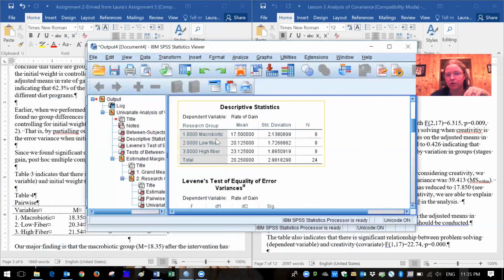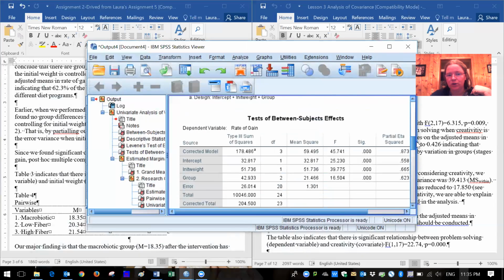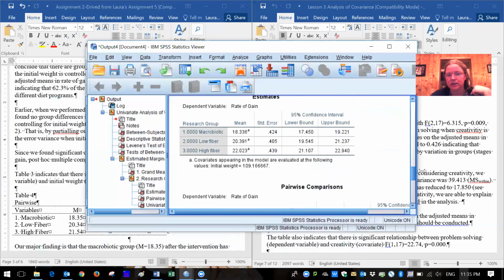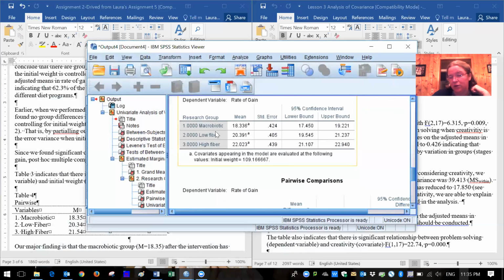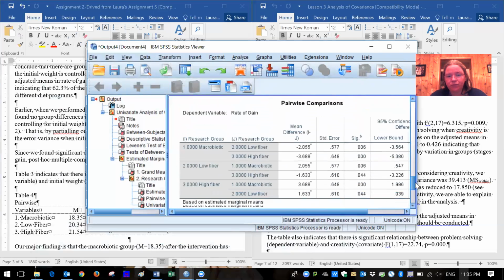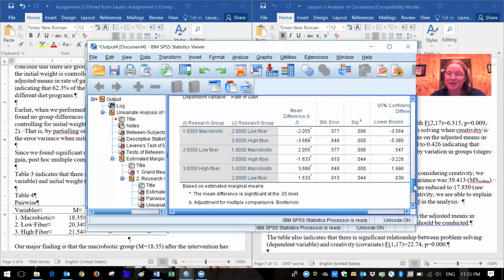So here the microbiotic is 17, the low fiber 20, high fiber 23. When you look here at the adjusted means, they're just slightly different. Microbiotic is now 18, low fiber is still 20, and high fiber is 22. But here's our pairwise comparison table.